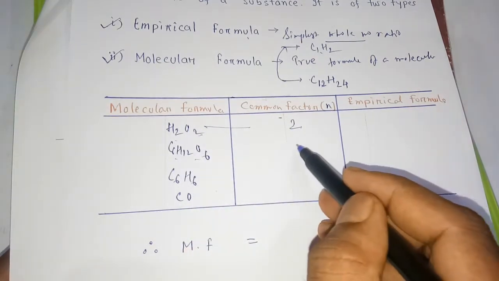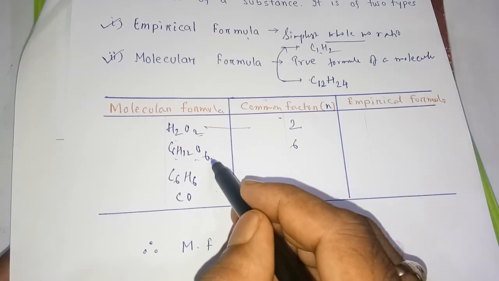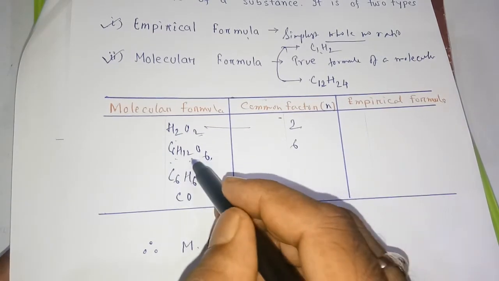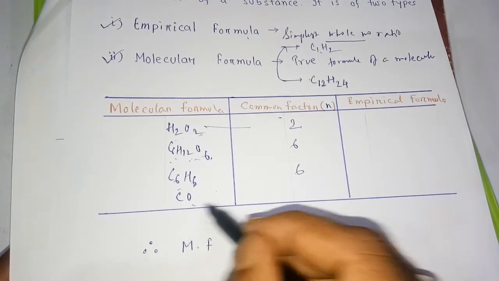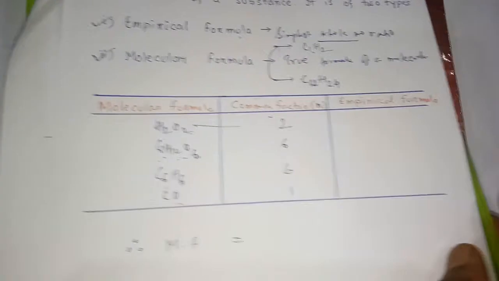For C6H12O6, the common factor becomes 6, because with 6 you can divide all these numbers. For C6H6, the common factor is again 6. For the last one, the common factor is 1.